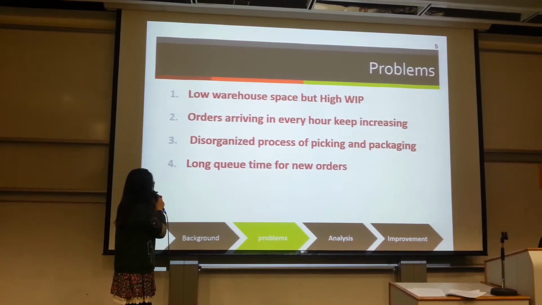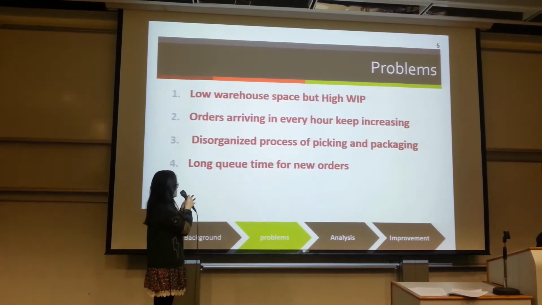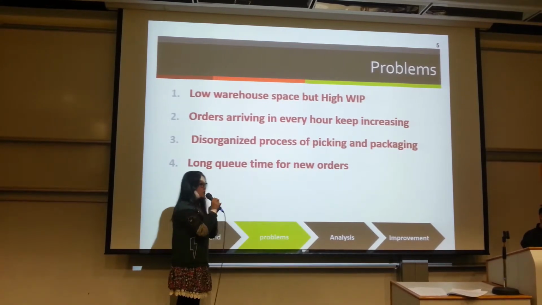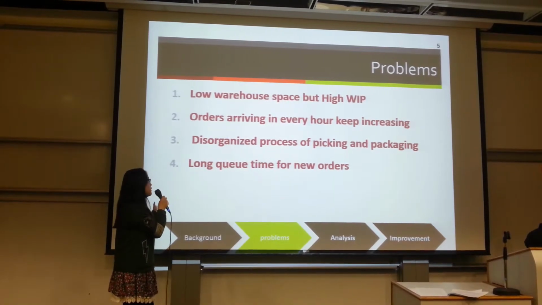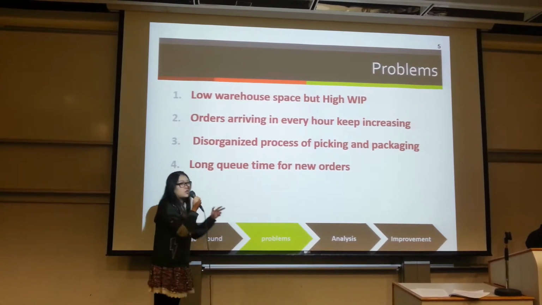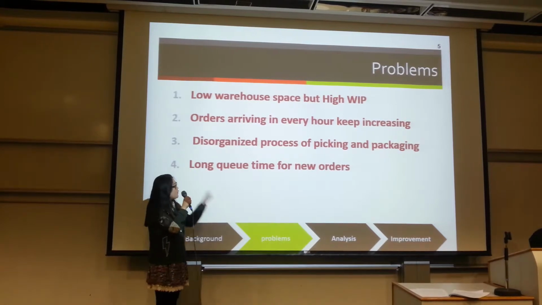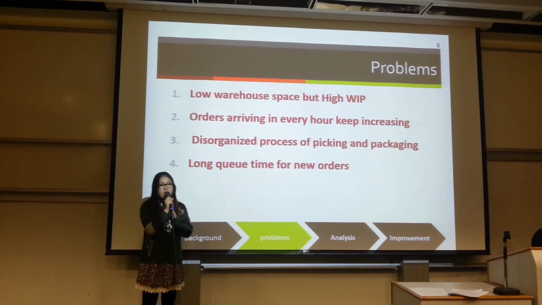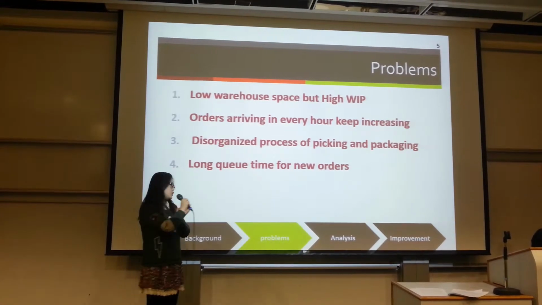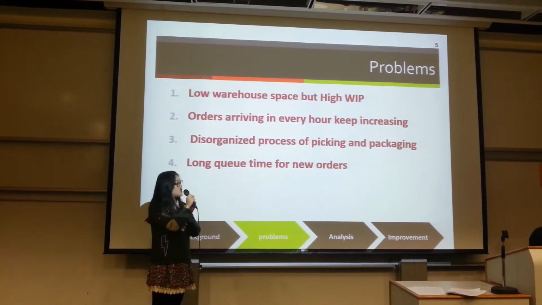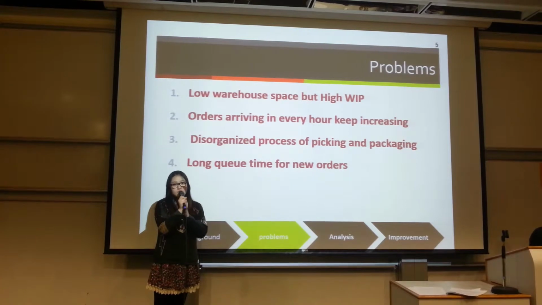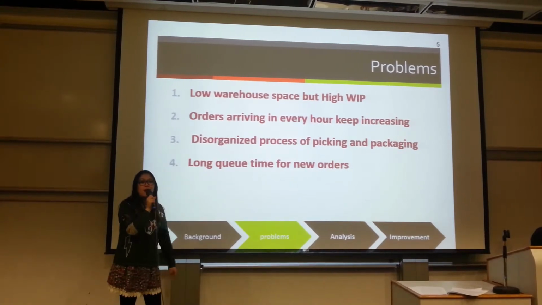And the third one is the disorganized process of picking and packaging in the delivery process. So they will cause a long queuing time for new orders. And these are the 4 significant problems of this company. So we need to do some analysis and some improvement to solve these problems. And I will pass to Vivi to do the analysis part. Thank you.